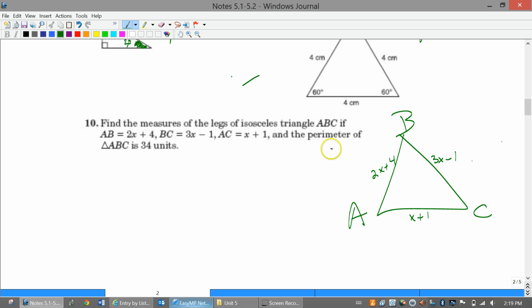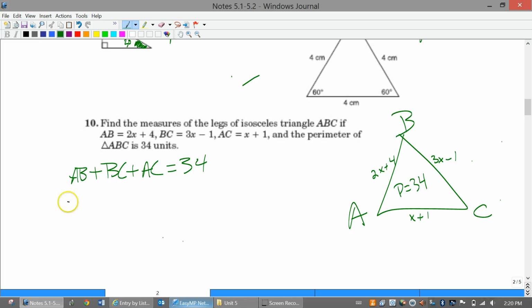I would also, it says the perimeter is 34, fantastic, so the perimeter is 34. And then I would pause. Do I know anything about what the perimeter is? How do you find the perimeter? That's the sum of the three sides of the triangle, right? So then I would say, do I know what the measure of AB is?